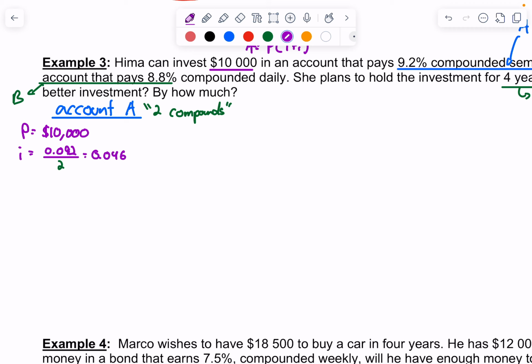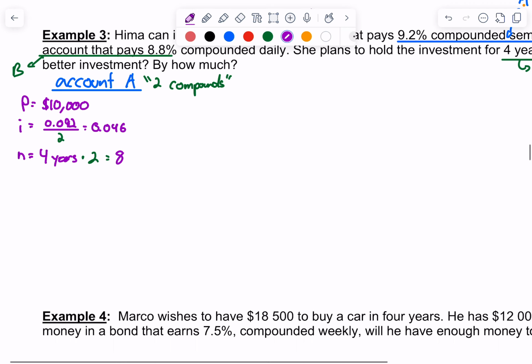Also need to adjust your n. Your n in this case is, well, we're holding it for 4 years, so there is a t of 4. So we have 4 years multiplying by 2 compounds, and that would give us 8. We have a final amount of 8.